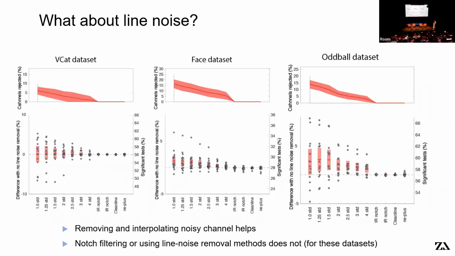And what about line noise? If you remove and interpolate channels that have a lot of line noise, then for at least two of the data sets, removing the noisy channels improved the number of significant channels. But if you just notch filter the data or use line noise removal, it doesn't improve it.